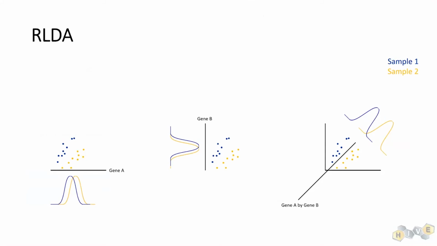But if the 2 data sets look, let's say, like this, where it's partially overlapping, PCA is going to show you some perspective on your data that looks like this because it's maximizing the variance in your data. But LDA is going to try and show you a dimension that looks like this because it's showing you how those 2 data sets are separated. And so that's sort of the fundamental.